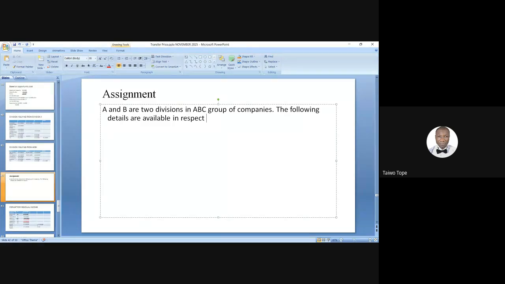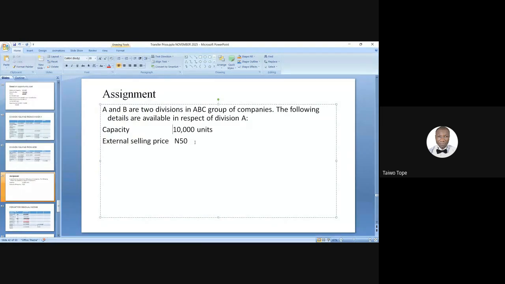The following details are available in respect of division A. The capacity is 10,000 units. The external selling price is 50 naira.